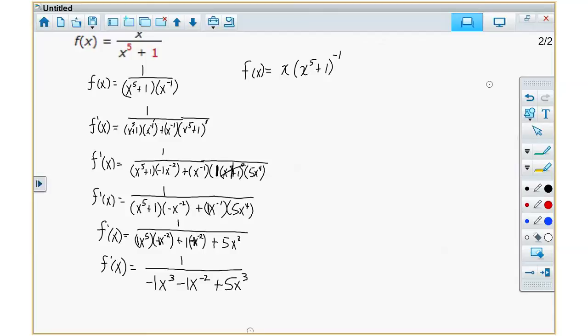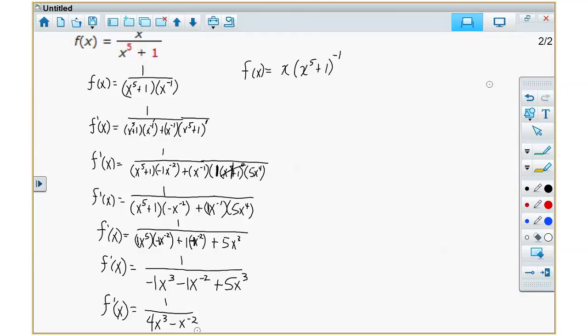And f prime of x is equal to 1 over, what's negative 1x cubed plus 5x cubed? That would be 4x cubed. And then minus x to the negative 2.